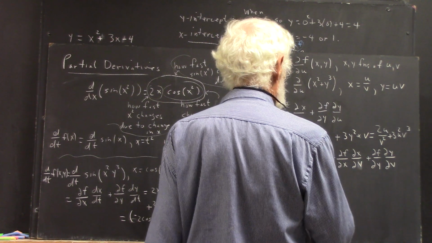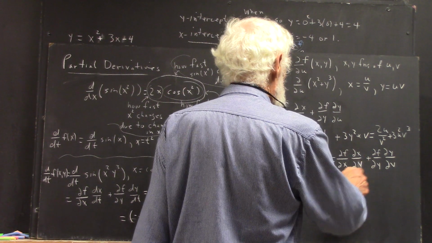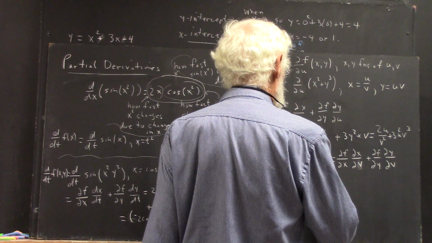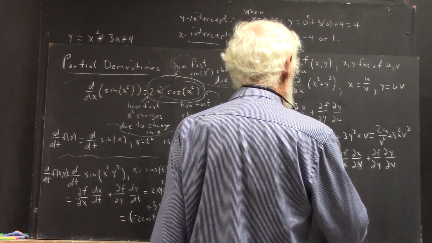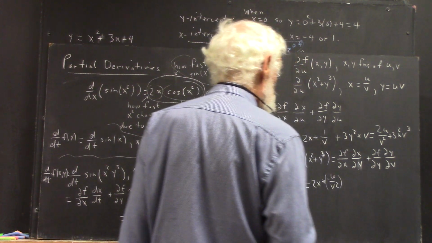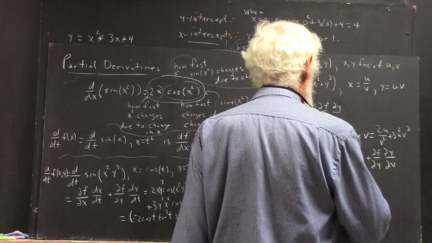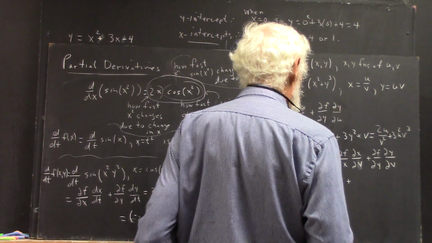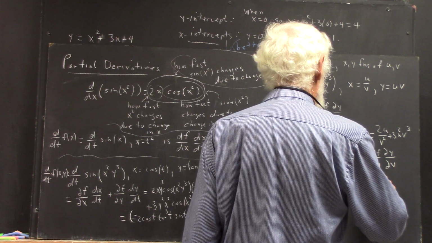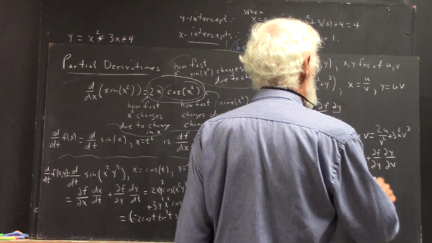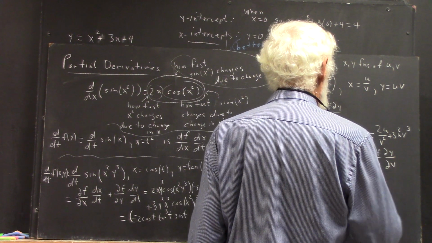This is 2x, just like it was up here, but now x changes with respect to v, and that rate is negative u over v squared. Then the partial of f with respect to y is 3y squared, and the partial of y with respect to v is just u.